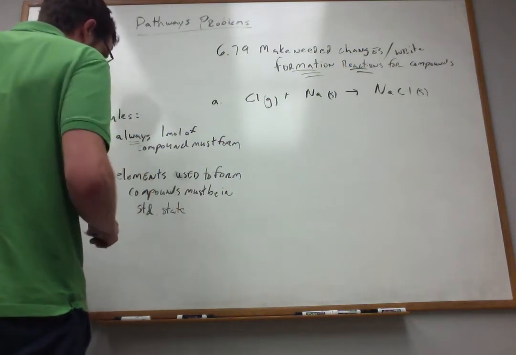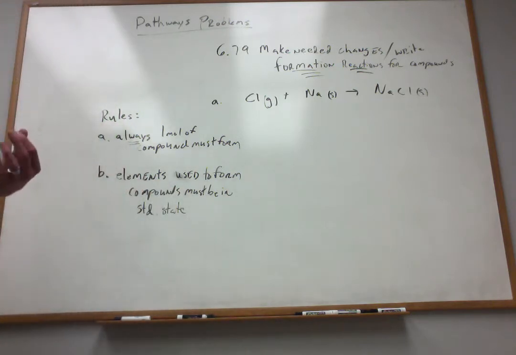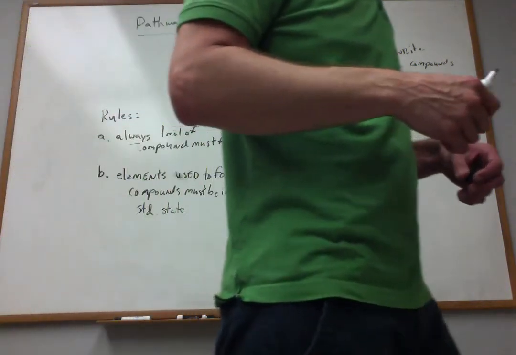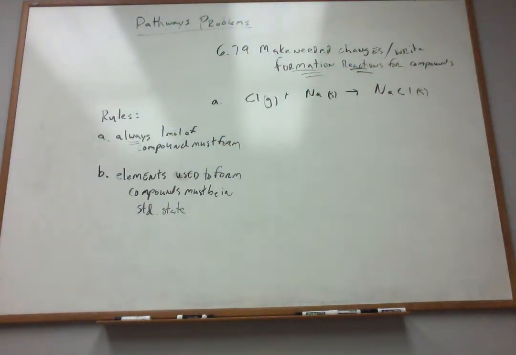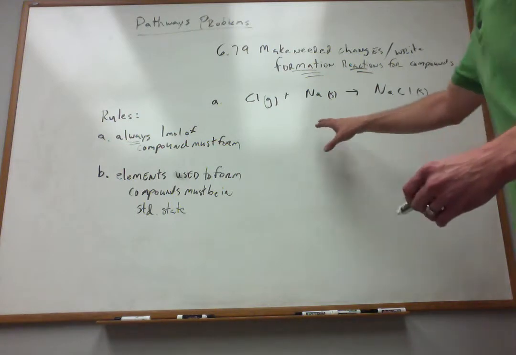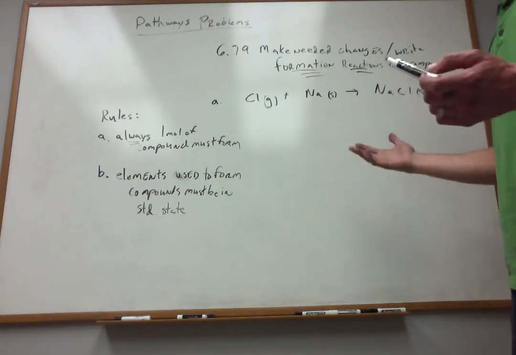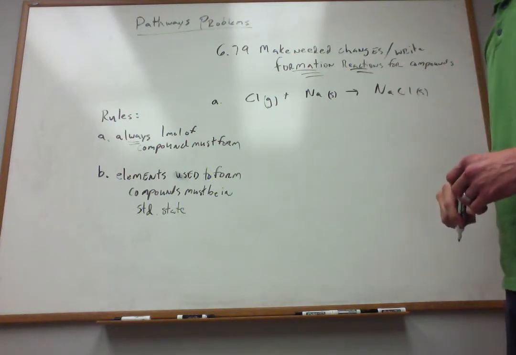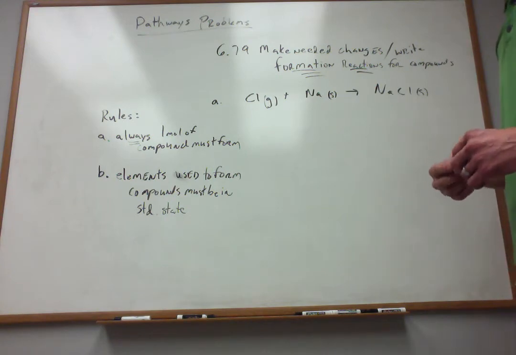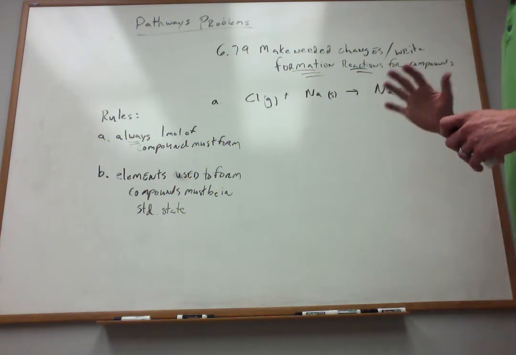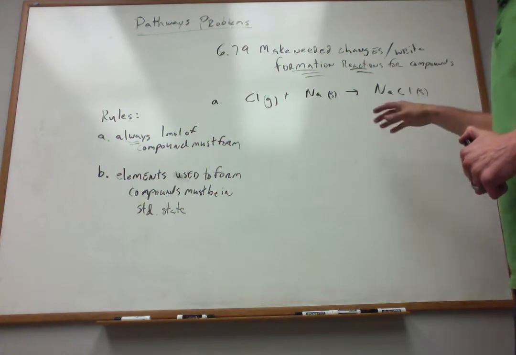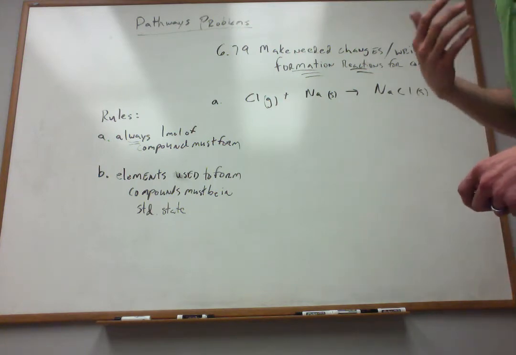So what these formation reactions are going to be all about is that we're going to use the elements, the ingredients, to make a compound. We're going to write a balanced chemical equation to do that, which sounds kind of silly. But it's important to understand where these reactions come from and what the rules are for doing this.